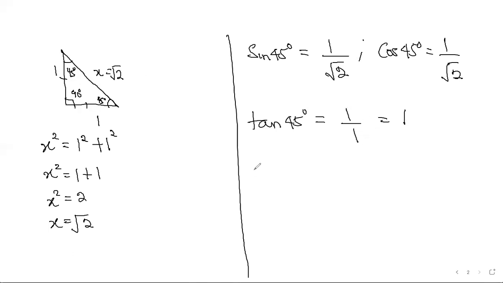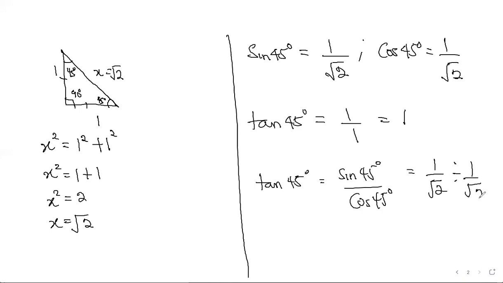We can verify that quickly, just the way we verified tan 60, by checking that tan 45 degrees is sine 45 degrees over cos 45 degrees. That's 1 over root 2 divided by 1 over root 2, and you can see clearly that will give us 1.